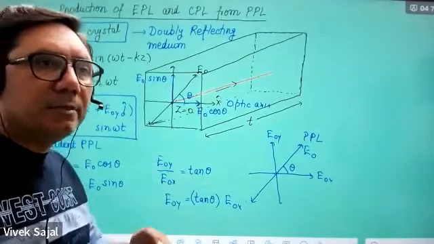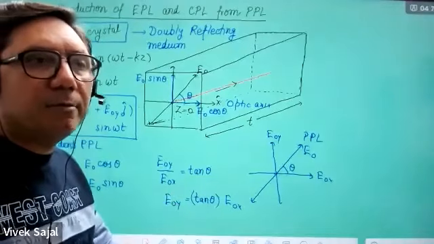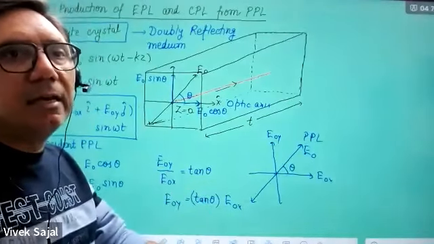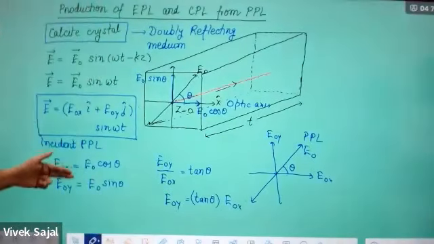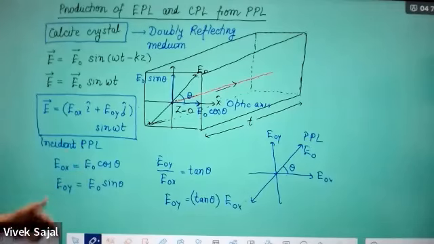One component will be the ordinary ray, or ordinary light, and the other will be the extraordinary light. Out of these two, which one will be extraordinary light and which will be ordinary light?